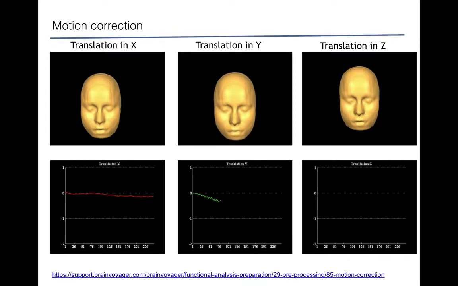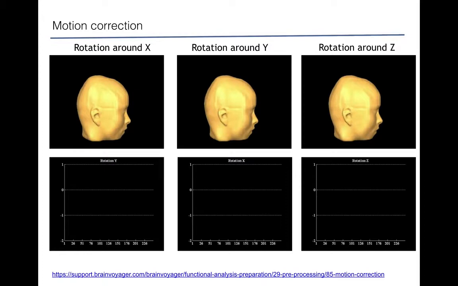They are just showing how the head moves, and the amount of motion in the bottom row. If I go to the next slide, this is a bit slow. Okay, and these are the rotation parameters.